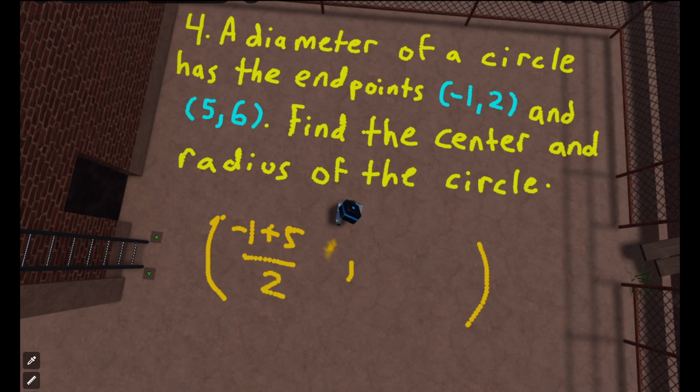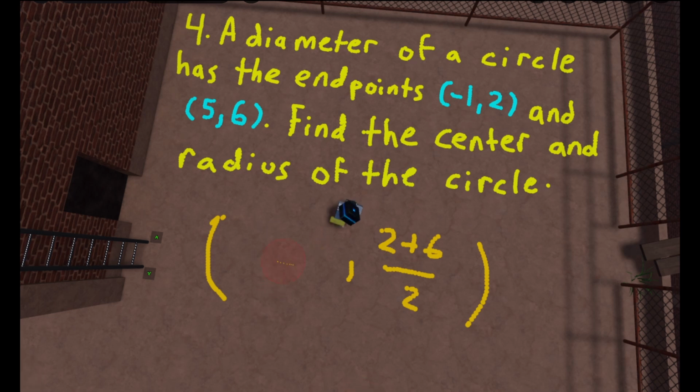And for the y-coordinate of the center of the circle, we're going to have 2 plus 6 over 2. Well, -1 plus 5 is just 4, and 4 over 2 is just 2. And then 2 plus 6 is just 8, and 8 over 2 is just 4. So (2, 4) is the center of our circle.